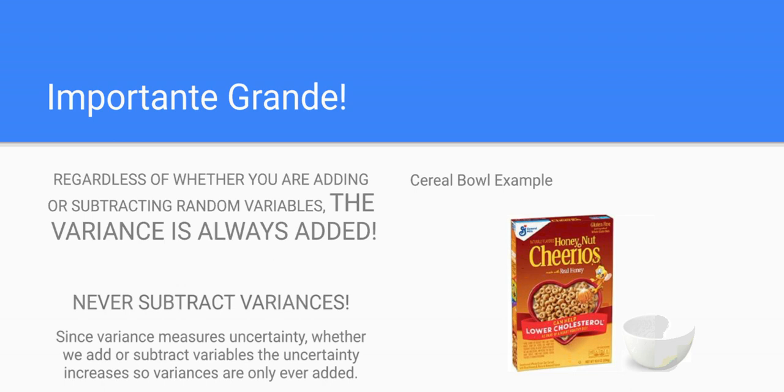Let's just say this box of Honey Nut Cheerios there on the screen holds 16 ounces, right? I'm just making something up here. That's what it says on the side of the box. Is it exactly 16 ounces? Well, no. We'd be shocked if it was exactly 16 ounces. It's going to be somewhere close.